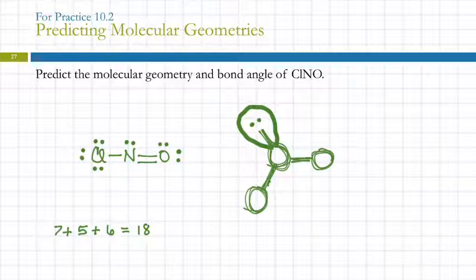Now one of those is a double bond, so maybe we should be sort of accurate and illustrate that. So that's the lone pair. What would we describe the molecule shape as? It's bent. So the molecular structure is bent.